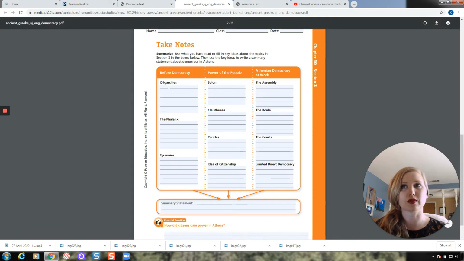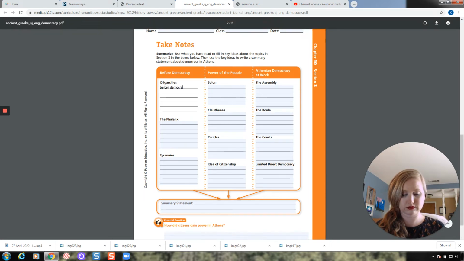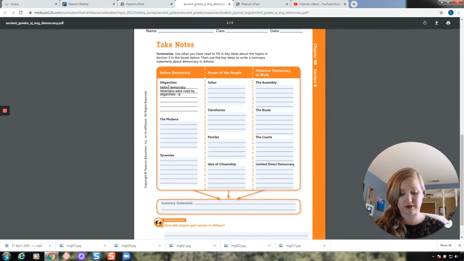So what are some things we could write on our note-taking guide? Well, we could say before democracy, Athenians were ruled by oligarchies. And we might want to make sure that we remember that an oligarchy is a small group of people, and in this case, a small group of aristocrats.